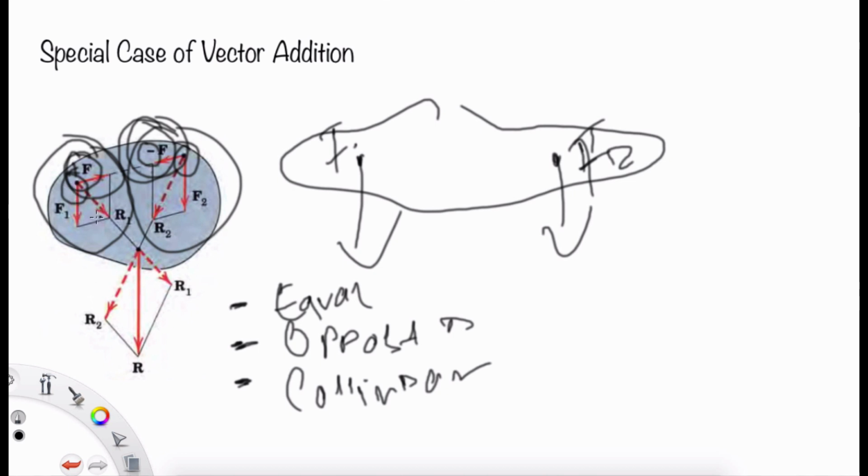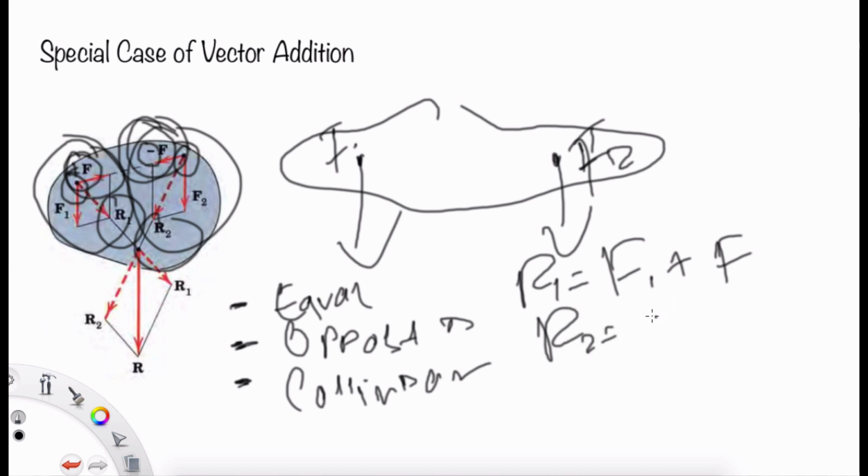We can get the resultants using the parallelogram or the triangle law. We get R1 and R2, where R1 is the resultant of F1 plus F, and R2 is the resultant of F2 plus minus F.